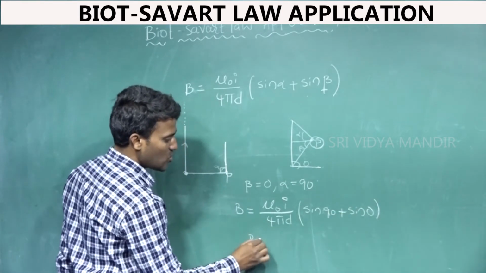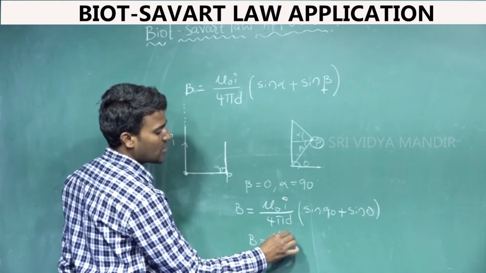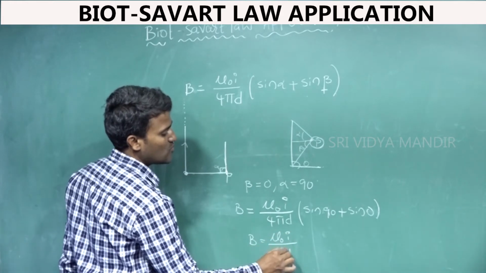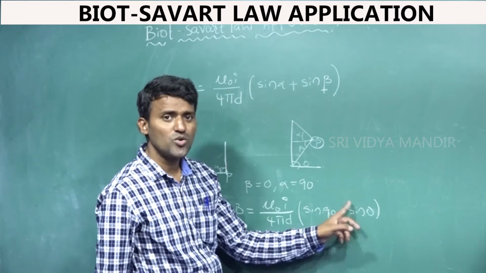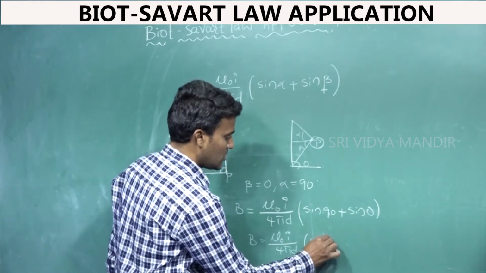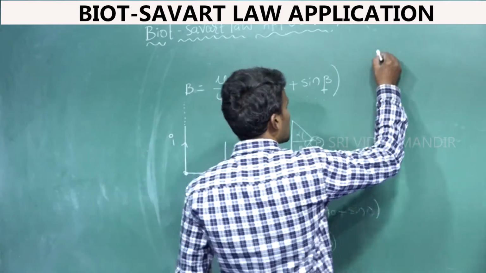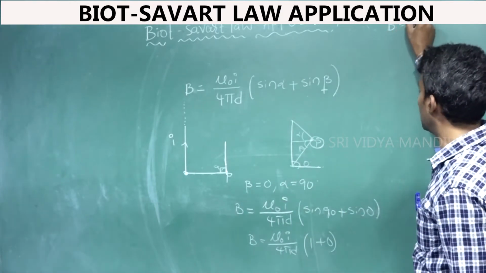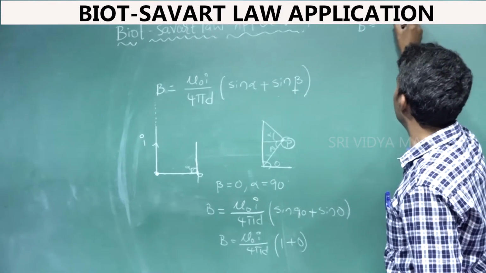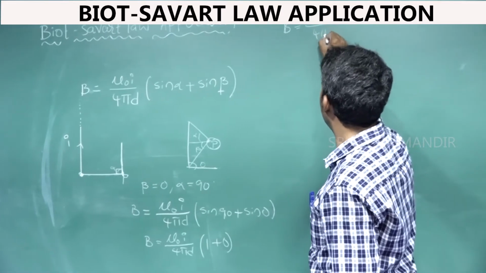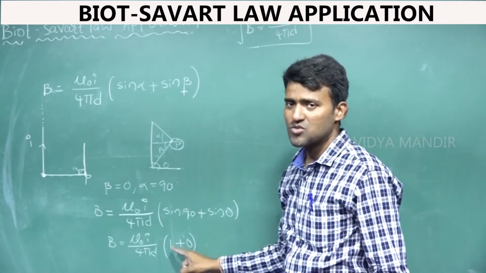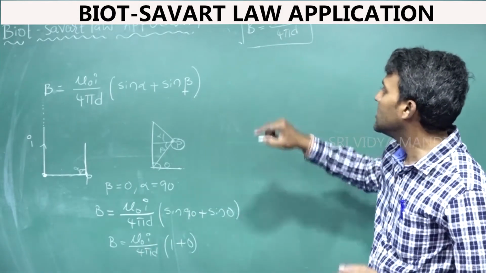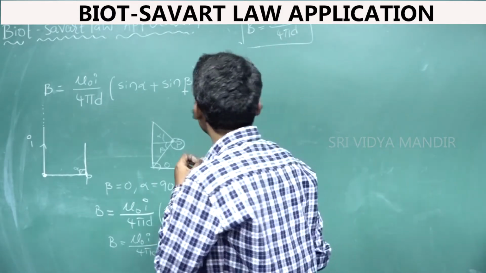Then B is equal to mu naught I divided by 4 pi d into sine 90 plus sine 0, which is 1 plus 0. We can write the final equation: B is equal to mu naught I divided by 4 pi d. Okay. Next, I am taking one more case here.